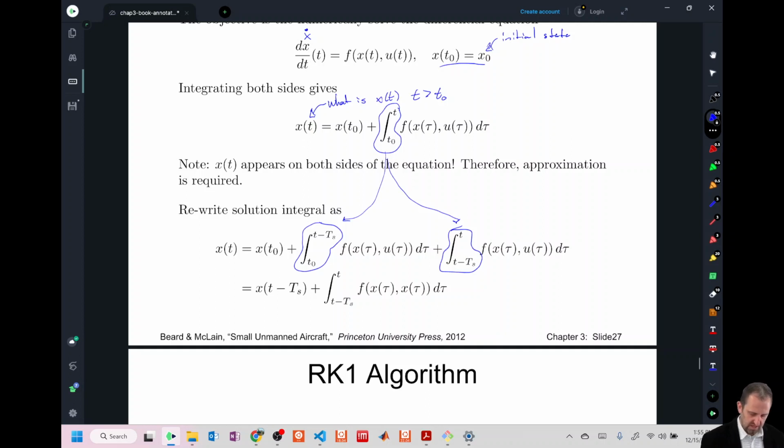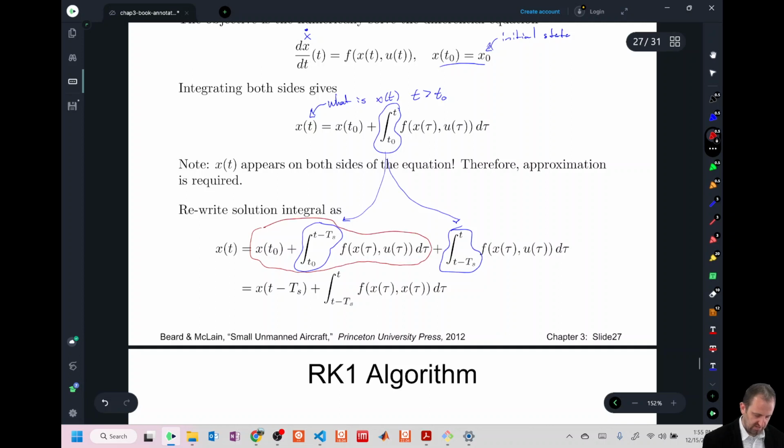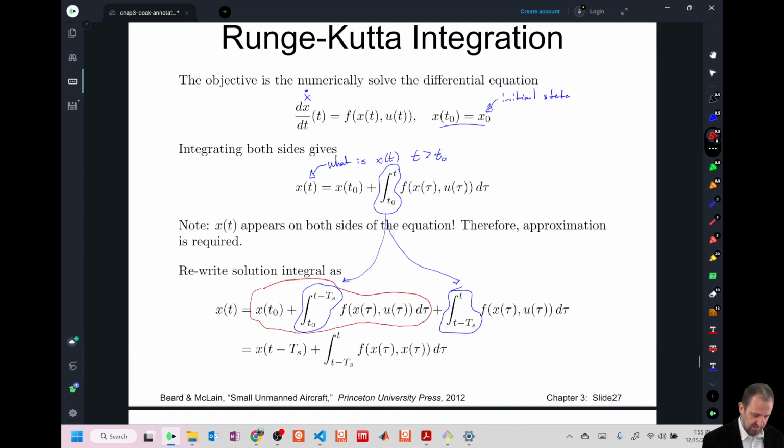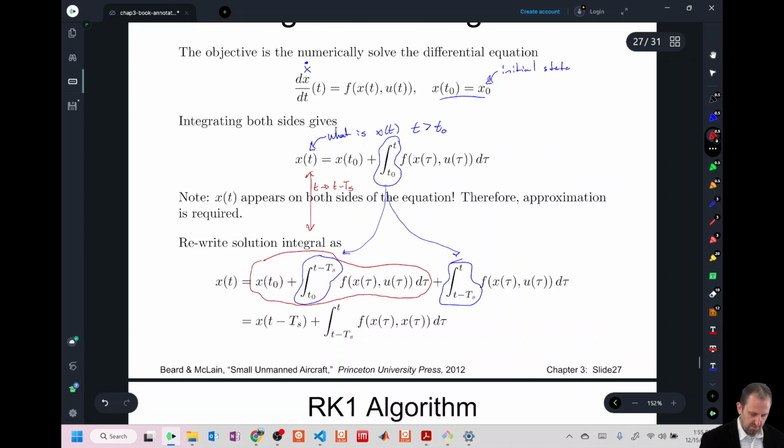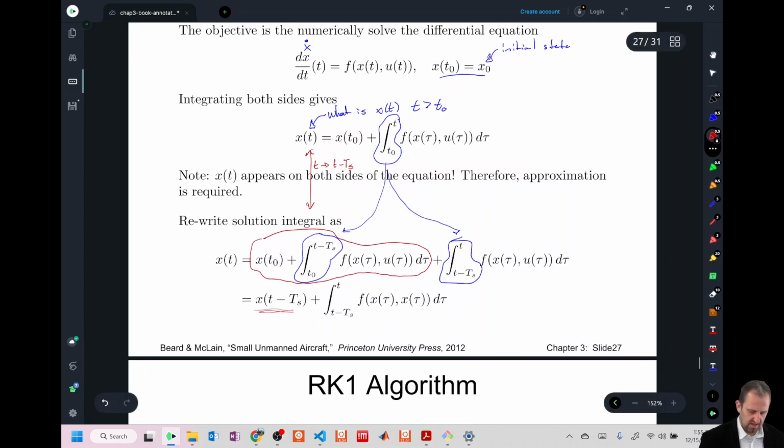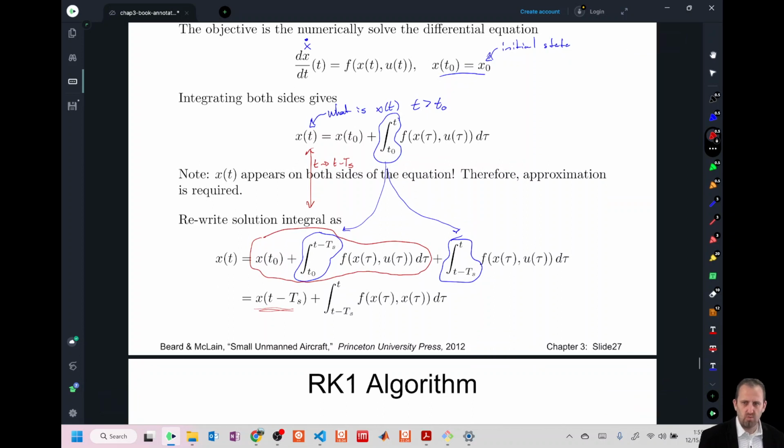If I circle in red x of t minus ts, that's really just applying this equation right here with t defined as t minus ts. So those first 2 elements of the equation really just form x of t minus ts. Then we have one final portion to integrate.